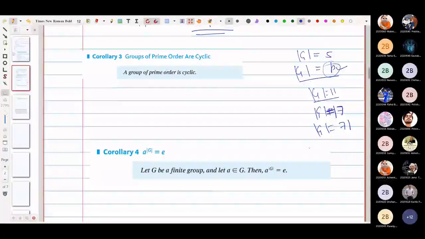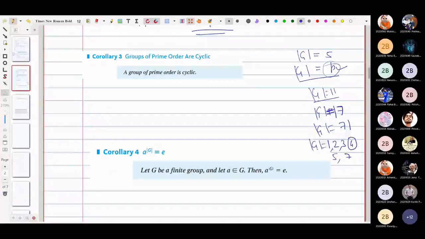So what do you feel about a group of order 1? If the order of the group is 1, then it is prime. 2, then it is prime. 3, then it is prime. We are not sure about 4, but we will see later. What about 5? Prime. 7? Prime.